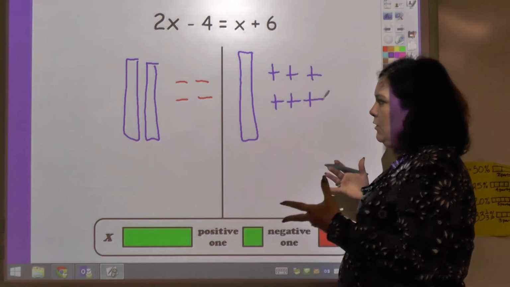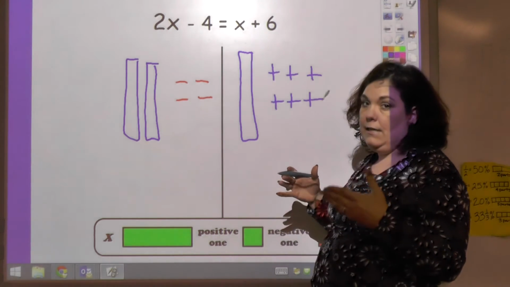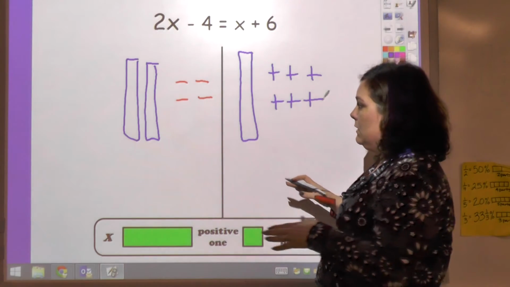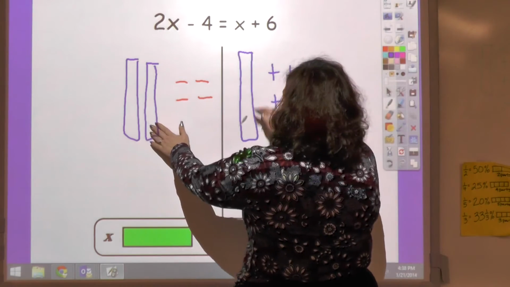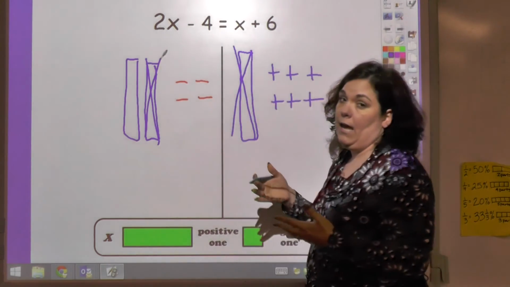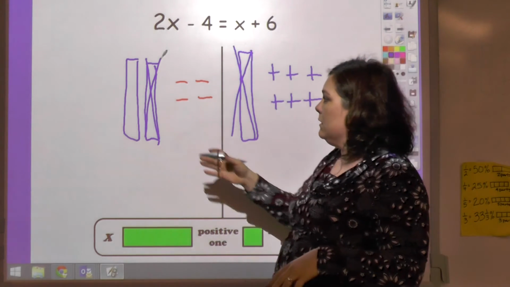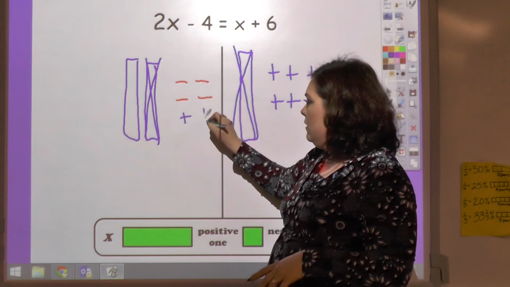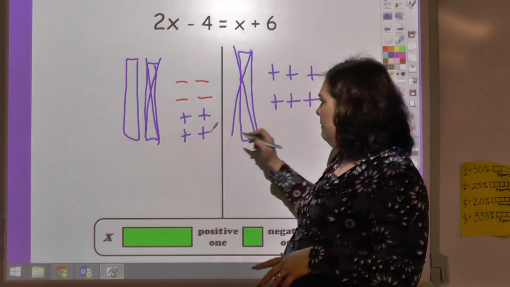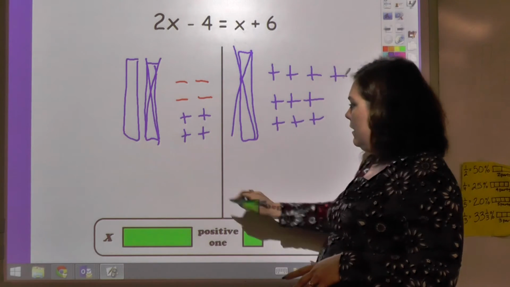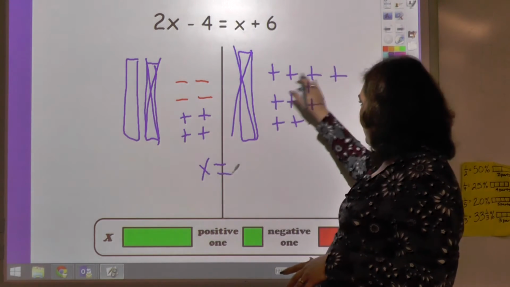Okay, now the first thing you can do is you can look at the x's and see if there's anything that cancels out. So since these weigh the same, you can just cross them out from both sides. Now you have 1x. And so now this looks like x minus 4 equals 6. And you would solve it just that way. You would add 4 here, add 4 here, and so x equals 10.